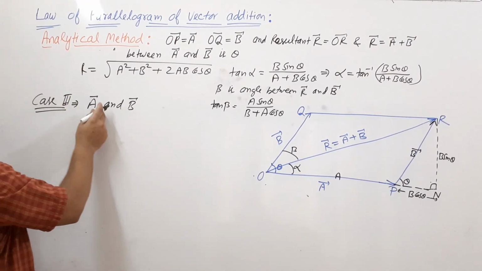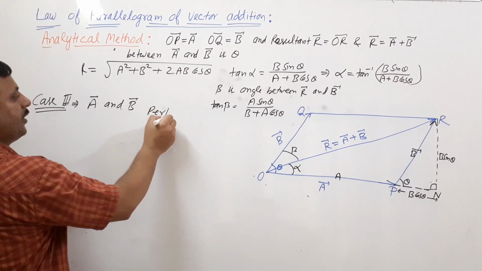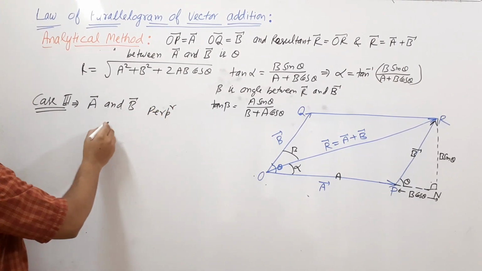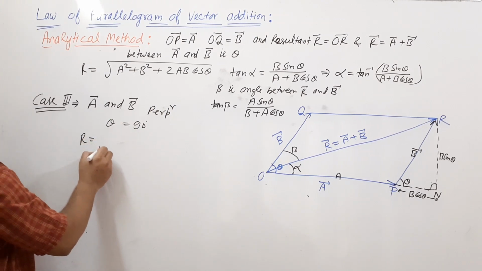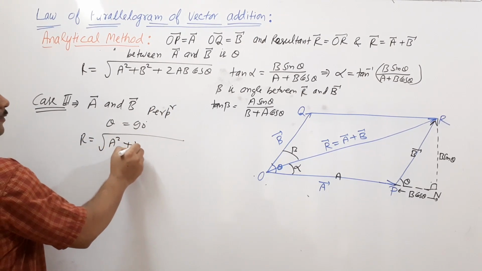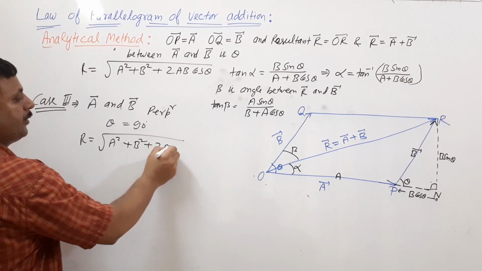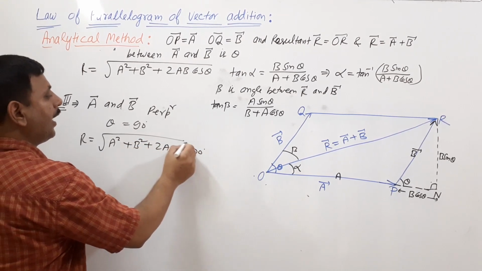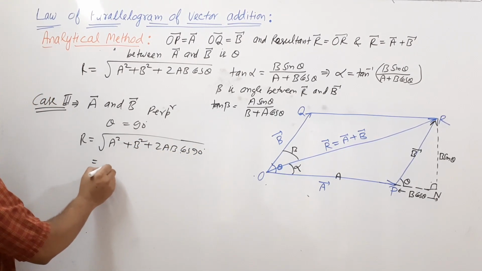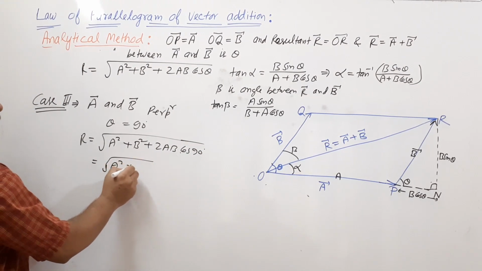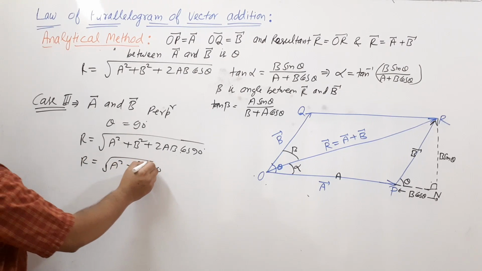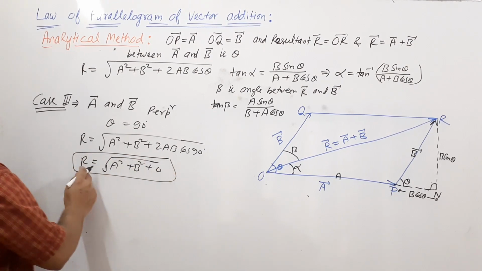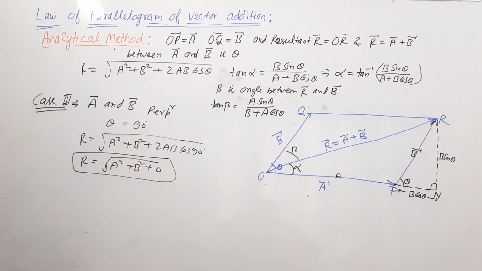Case third, if A and B are perpendicular to each other, so theta is equal to how much? 90 degrees. At that time what happens? Under root A square plus B square plus 2AB cos 90, cos 90 is 0, so A square plus B square. So at that time R is equal to under root A square plus B square.